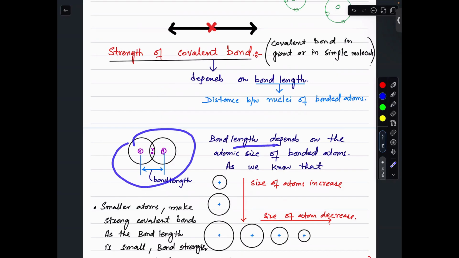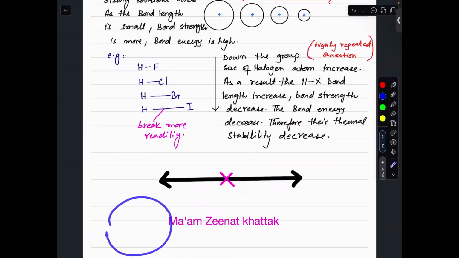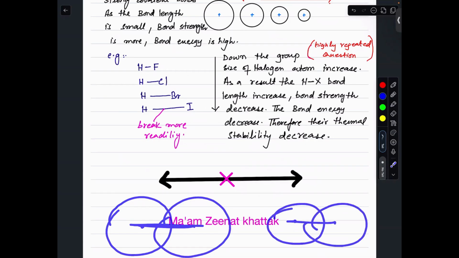This bond length depends on what? Size of atom. If the atoms are big, the bond length would be large. If they are small, the bond length is small. The nuclear attraction is more for the shared electrons. It needs more energy to break.